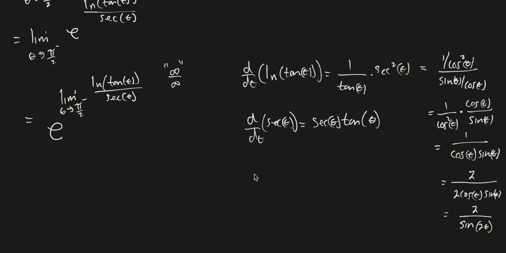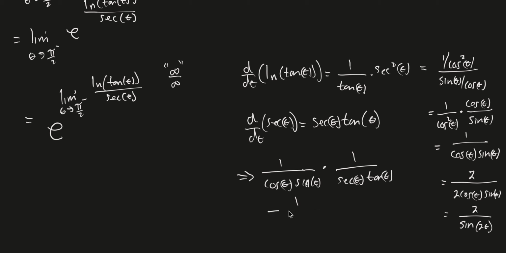So if I take 1 over cosine theta sine theta, and then divided by this, so times the reciprocal, let's see how that simplifies. There are several ways we can do this.